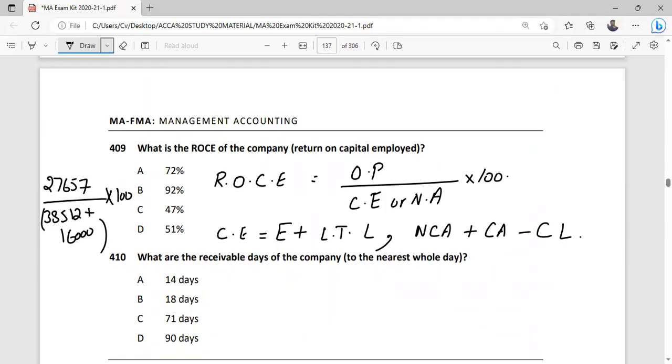So you can calculate what would be your answer. Your answer will be D.